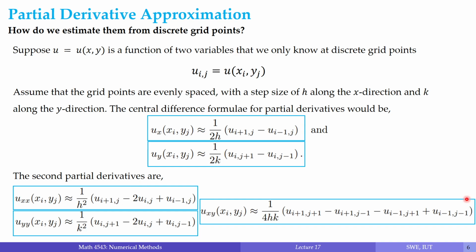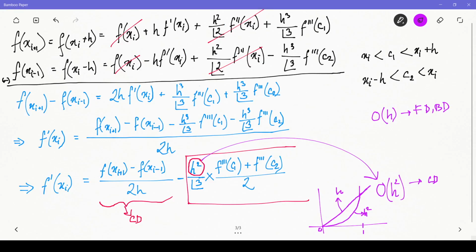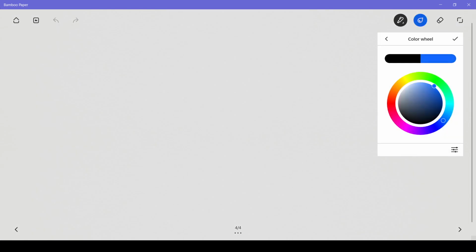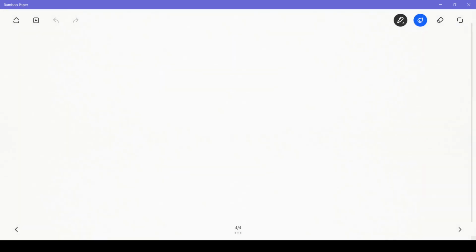Okay, let's switch back to the bamboo paper and go to the next page. According to our notation, u x at the point x sub i comma y sub j is the same as writing the partial derivative of u with respect to x at the point x sub i comma y sub j.